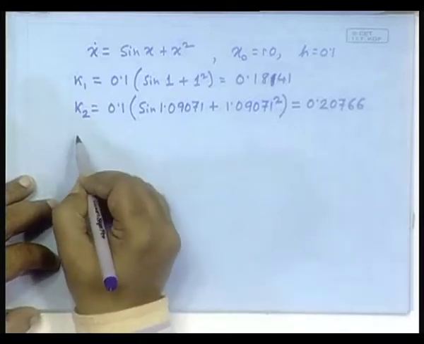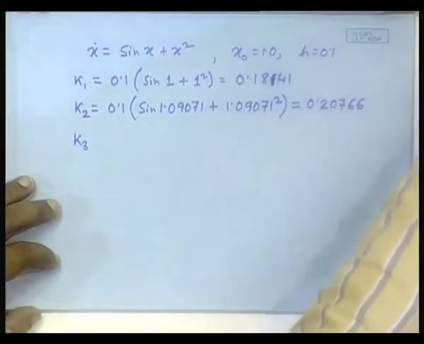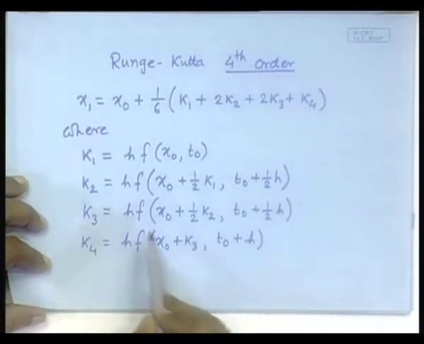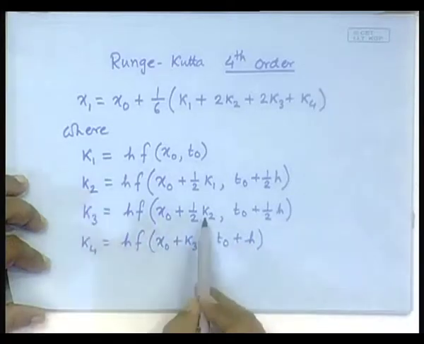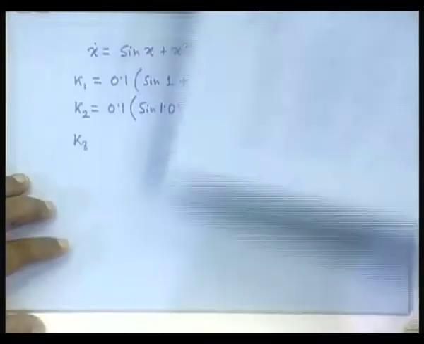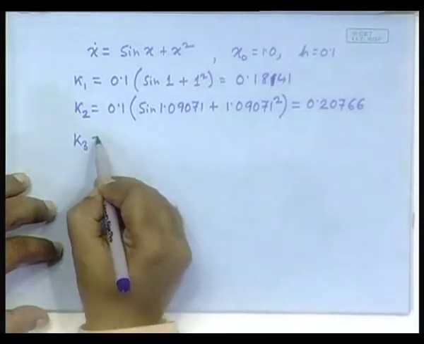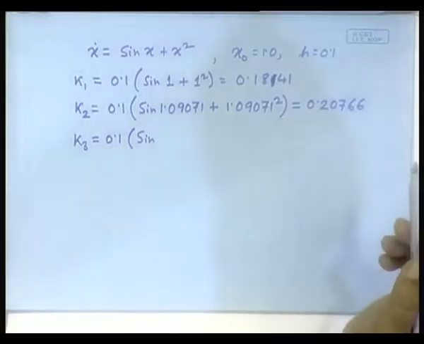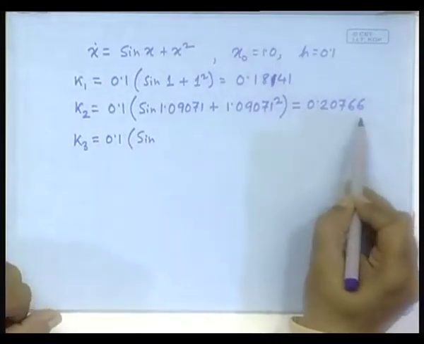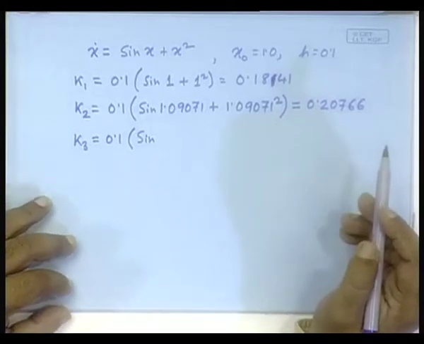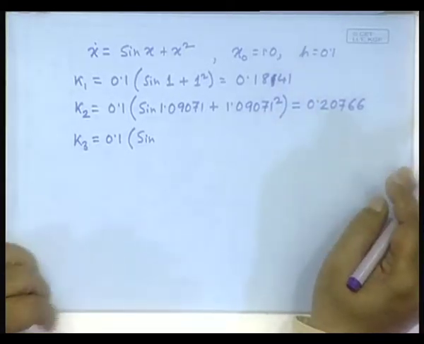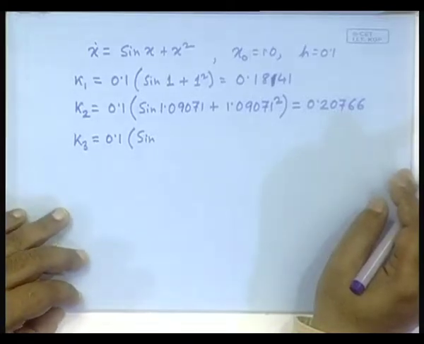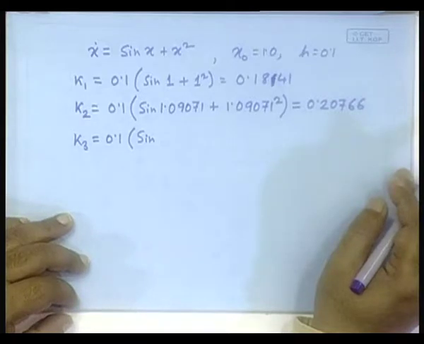Okay. Now you have K3, which will be h times f of x naught plus half K2. K2 is now known. Substitute it here. You get what? 0.1 times sine of what? X naught plus half of this. It will change, sine 1.092 plus that is 0.184.